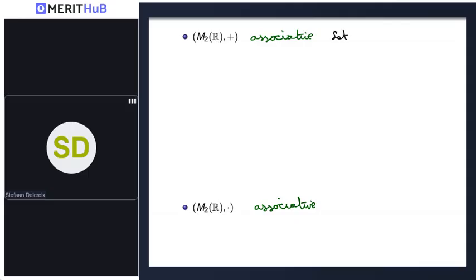So you would pick three matrices. And then you would calculate it in two ways.